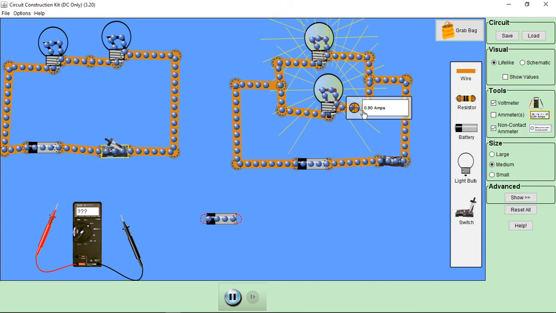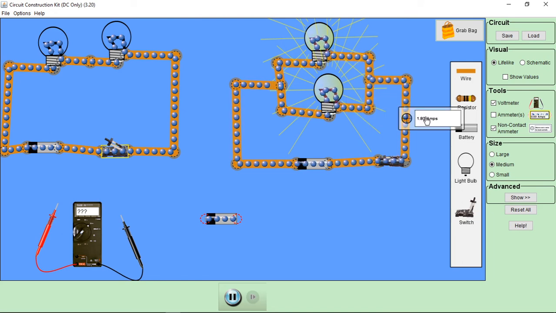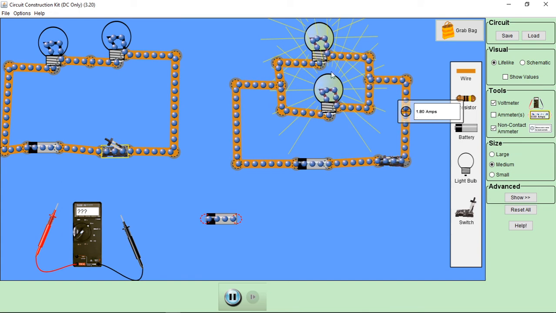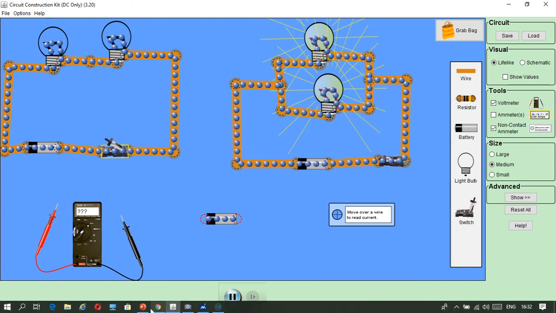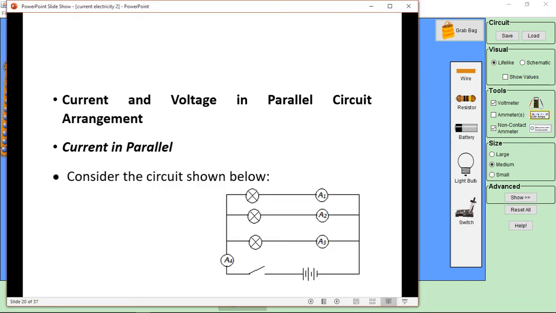This one will also read 0.9 amperes. Current 1 is 0.9 amperes, current 2 is 0.9 amperes. The total current is 0.9 plus 0.9, which gives you 1.8. That is for the case of current.